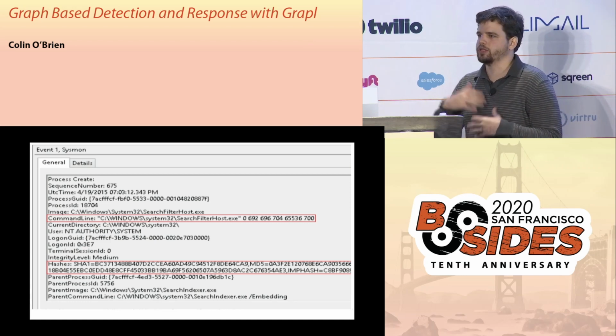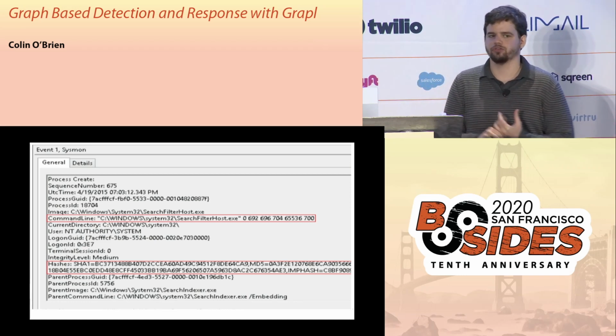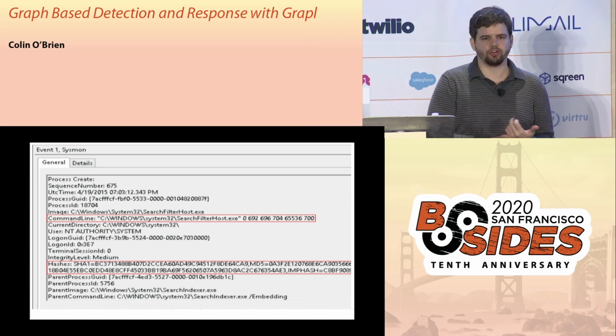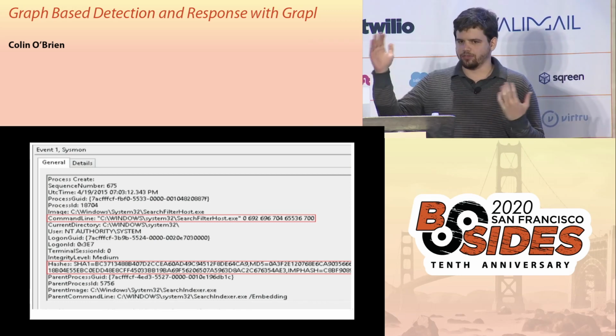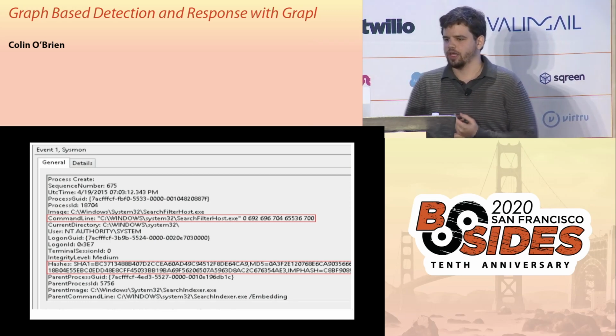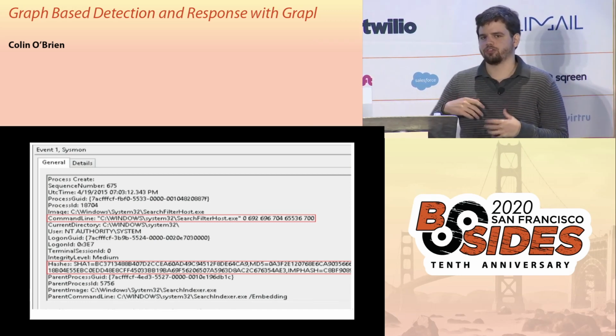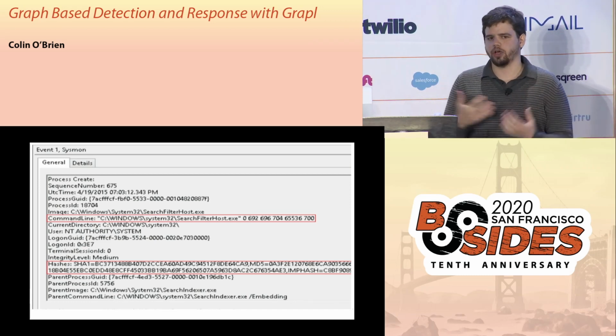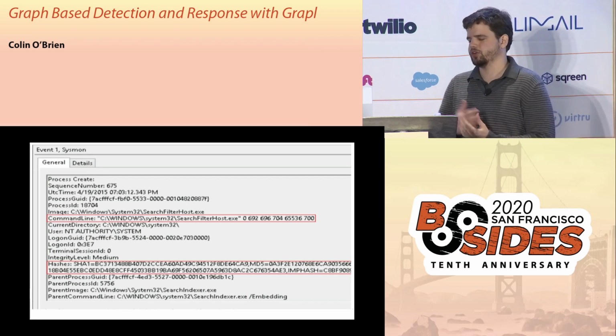And logs don't really tend to encode a lot of behavioral information. They tend to just have properties. This makes logs pretty good for things like searching for hashes or IP addresses, those low-level pyramid of pain IOCs. But when you want to actually talk about attacker behaviors, they start to fall apart. Joining these logs together is usually pretty difficult.